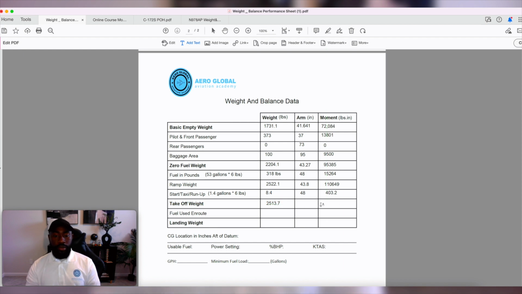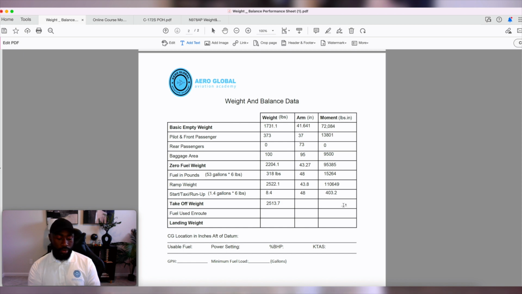And then because it's the takeoff weight, we do have to calculate the arm. So we subtract the moment here as well. Just as we subtracted the weight here, we subtract the moment in order to get the total moment for the takeoff weight section.